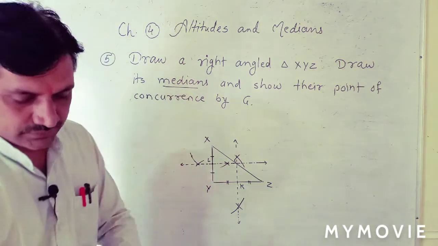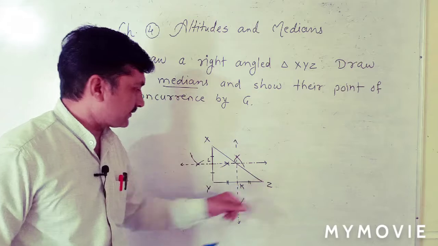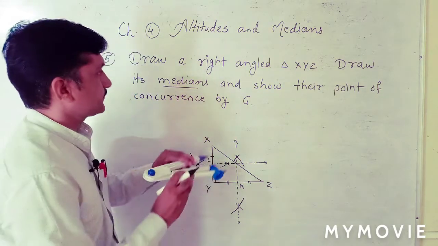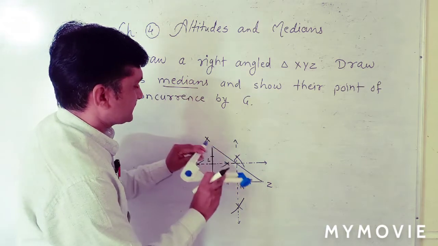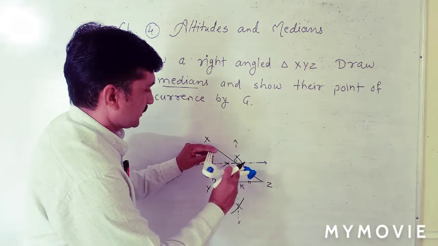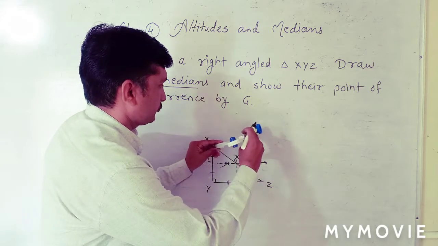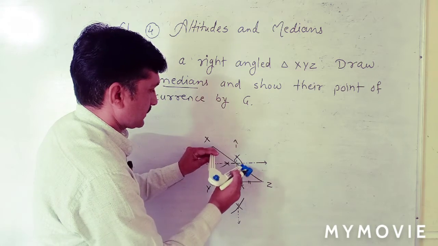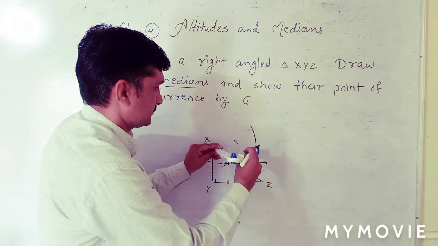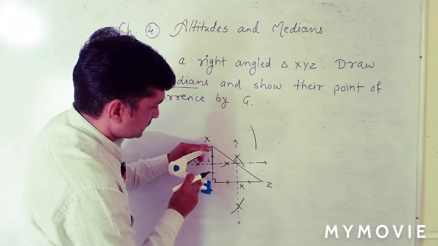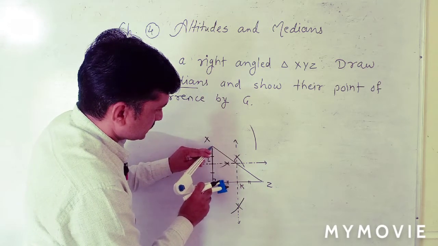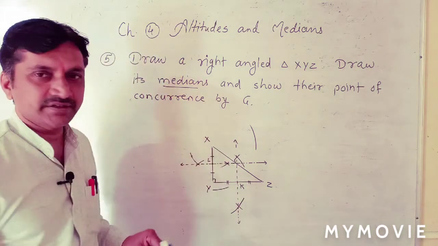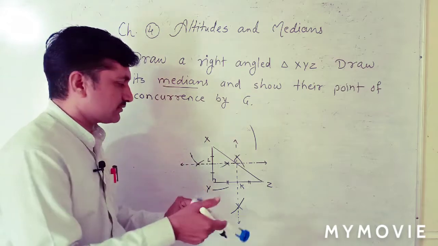Now which side is left? XZ, the hypotenuse. Here at Y it is 90 degrees, a right angle triangle. Now bisect XZ. XZ, more than half. One arc to this side, one arc to this side. We don't know where they will intersect. If they are not intersecting, we will extend them.